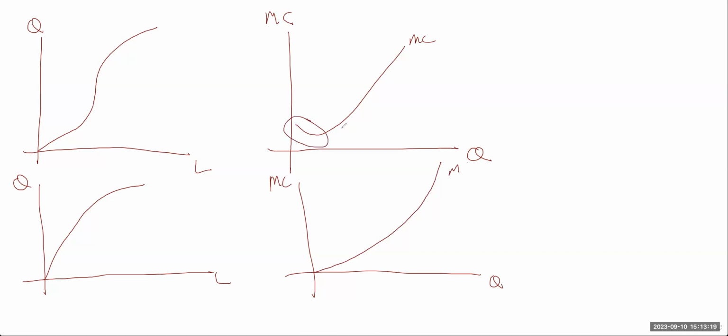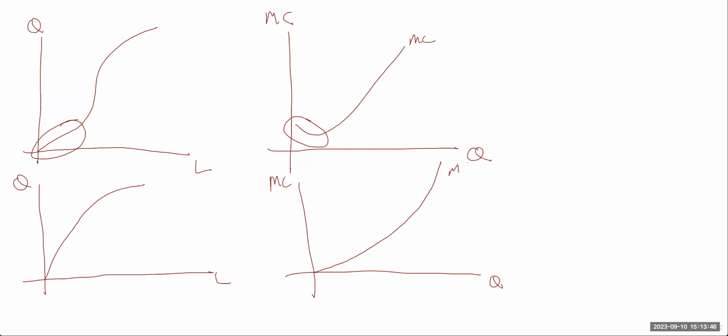With the J, marginal cost falls and then increases because you're getting over the startup costs. You're dealing with that startup cost hump and getting over it, so the marginal cost falls, and then it goes up. Basically it represents this part right here.